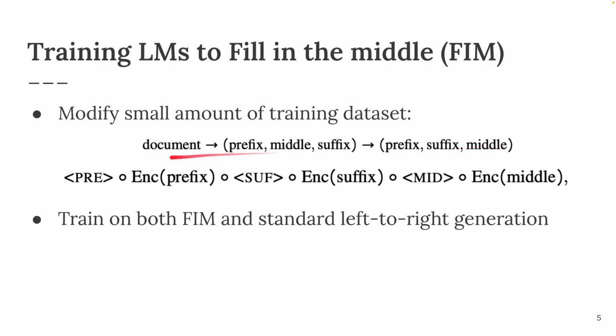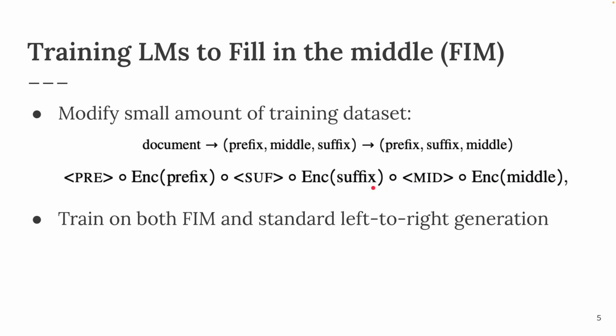To make this work, they introduce special tokens to guide the model to know when it has to generate the middle. So they have a special pre token where they have the prefix, then they have a suffix token to signify when the prefix has finished and now we have the suffix. And then you have a special MID middle token where the middle comes in.